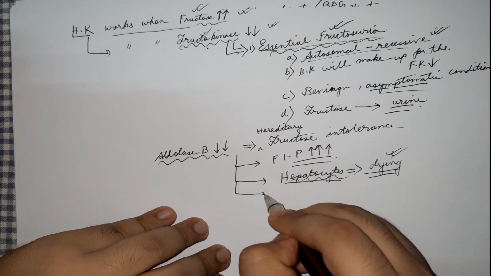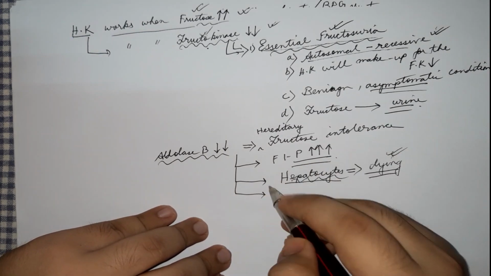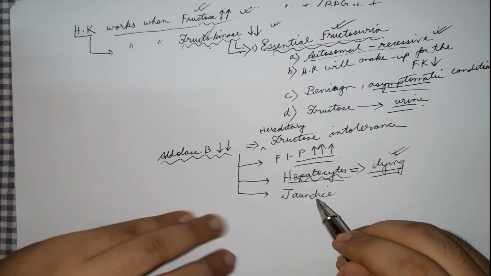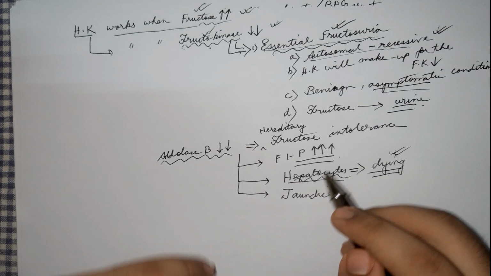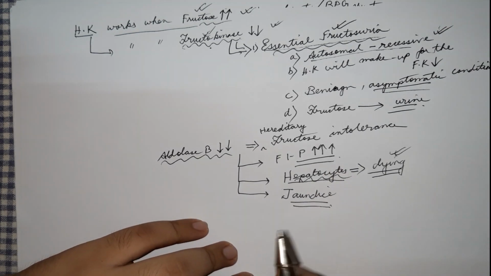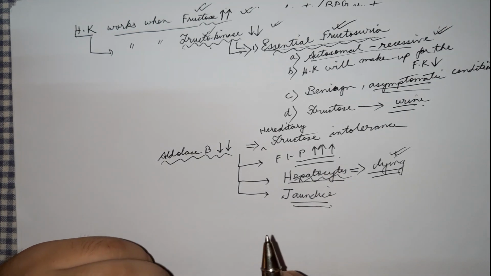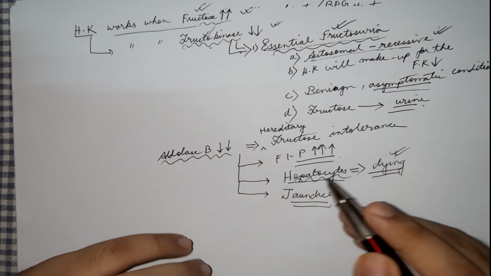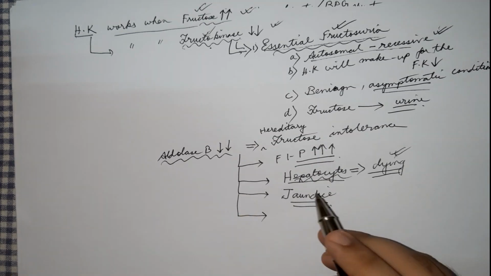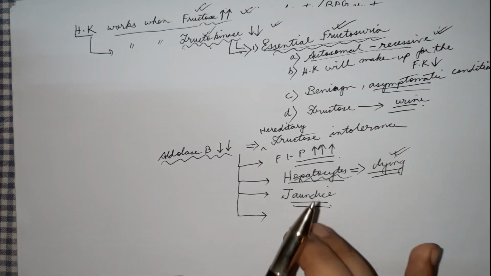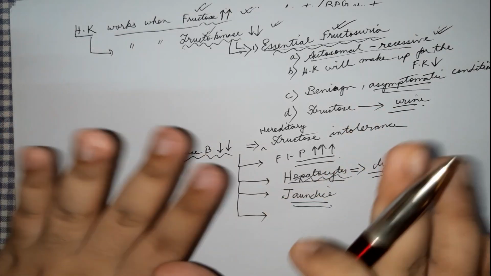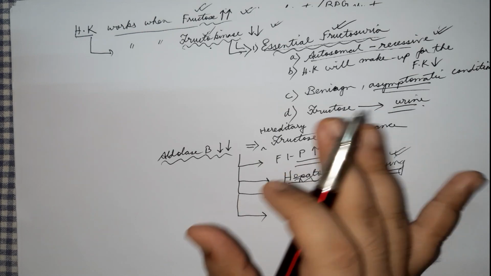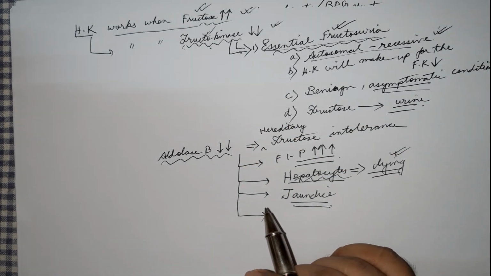Now, if the number of hepatocytes is decreasing, that would lead to jaundice. So jaundice is another symptom which is associated with hereditary fructose intolerance. Another symptom, logically, let's think about this logically. If fructose 1-phosphate is accumulating, obviously that's a carbohydrate intermediate, right?